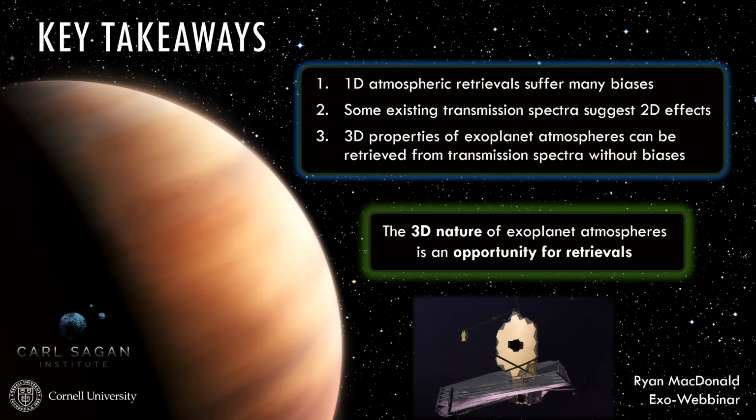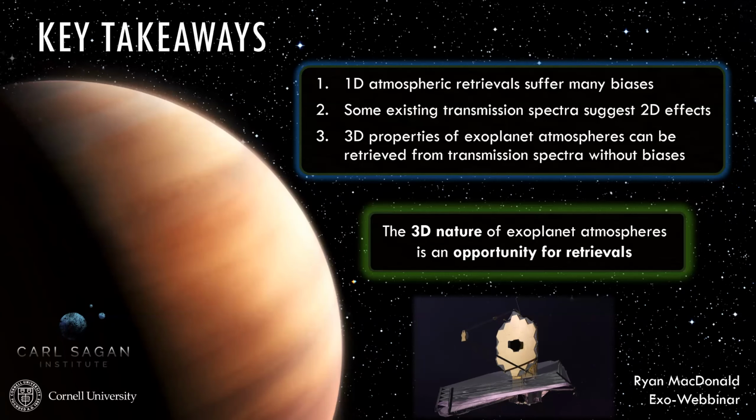Sure, yeah, absolutely. You're absolutely right on that point. The way that we are planning to address this is by taking a GCM, for example, like the one that I was showing in the animation earlier, where many of the assumptions that the retrieval framework is making clearly are simplistic in comparison. We inject rays which go through the GCM to produce a simulated three-dimensional transmission spectrum, and then apply the retrieval framework to that.